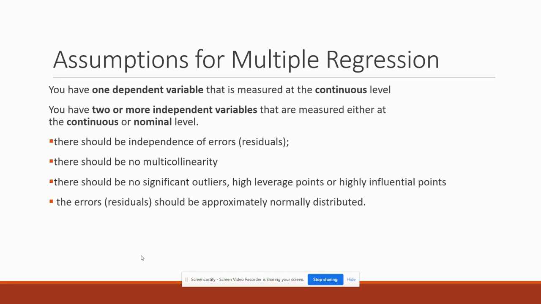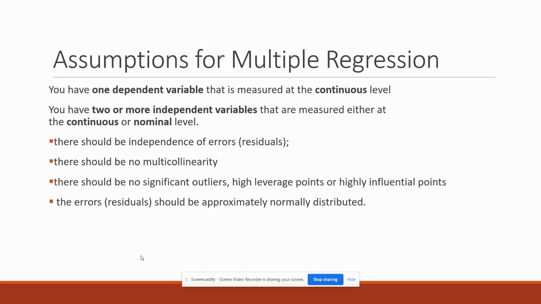So you have assumptions for multiple regression. You have one dependent variable that's measured at a continuous level. Yes, there are different types of regression that handle different kinds of dependent variables. For this class, we're only going to look at ones that are measured on the continuous level. You can have two or more independent variables that are either measured at the continuous or the nominal level.